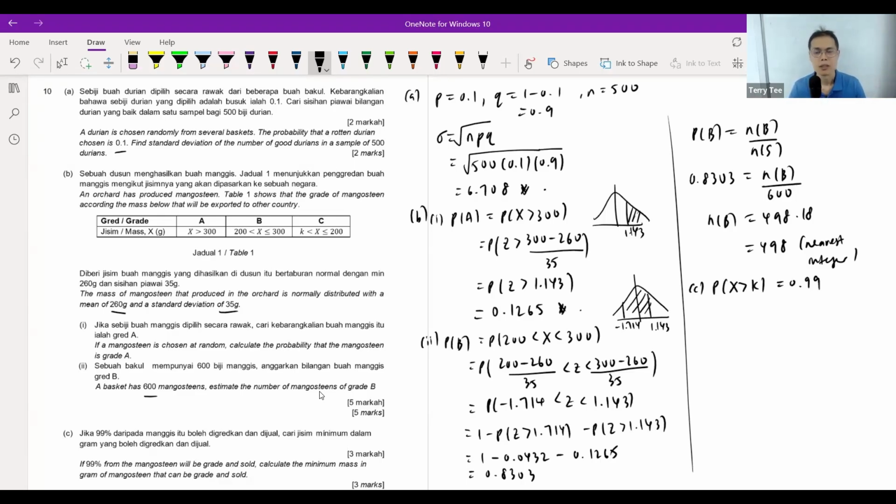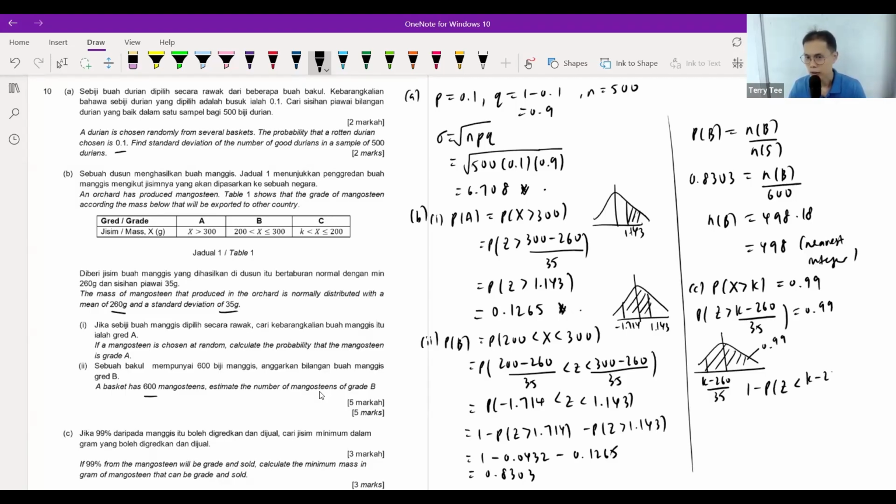That's 99% of them. So we standardize it. K minus mu, 260, over standard deviation 35. Okay, this is 0.99. So when you do a sketch, we notice that this is supposed to be on the left. K minus 260 over 35 should be on the left, so that 99% of them, or 0.99 probability, is more than this. So remember, we need to do a 1 minus here. So here I'm going to write 1 minus P(Z less than).